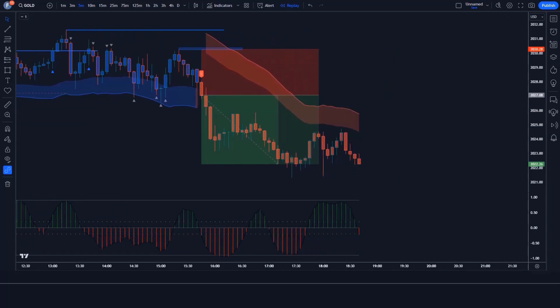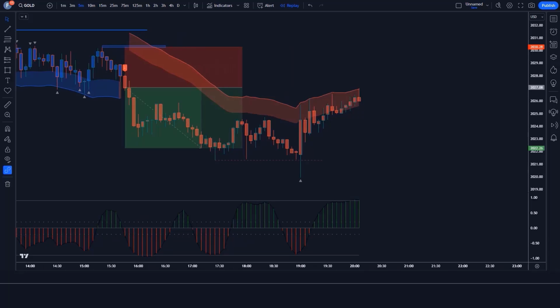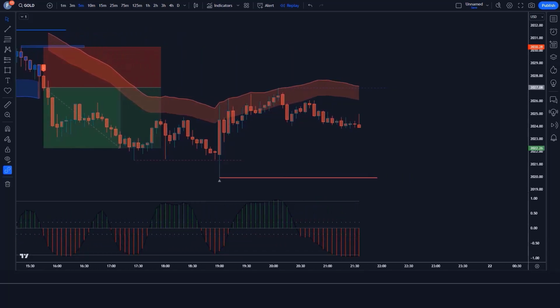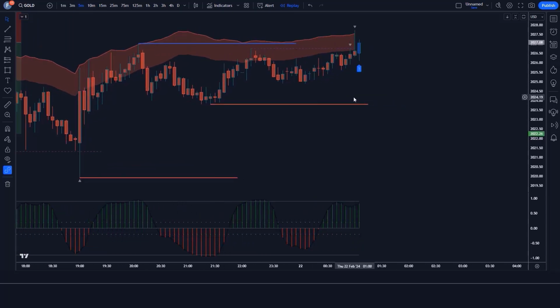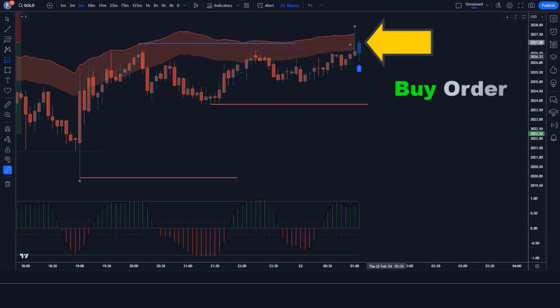Let us now understand the long position. When the structure algo indicator gives us a buy signal, when the RSI oscillator indicator shows a green histogram, and when the market forms a bullish candle, if this condition is fulfilled, then we will place a buy order.